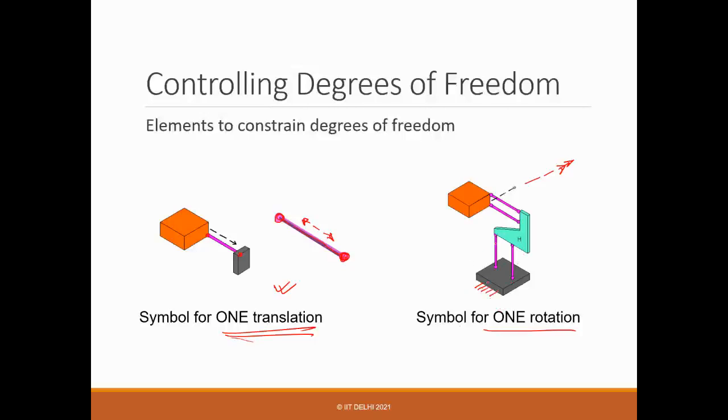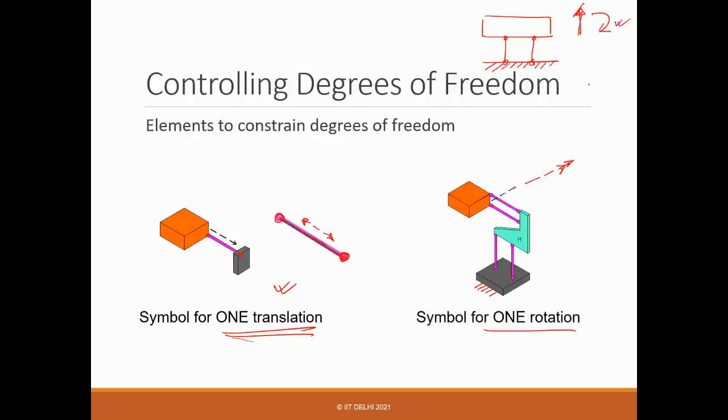Suppose you are just talking about these pairs of links, right? You can say, okay, this can also work, but essentially it's not, because it constrains this rotation, but it also constrains this translation. What we are interested in is only one.